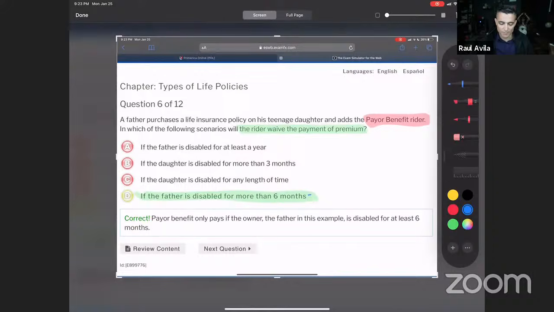What does that mean? What is a premium? The premium is a monthly payment. So that means that the client has free insurance as long as the father or mother is disabled. Does that make sense?